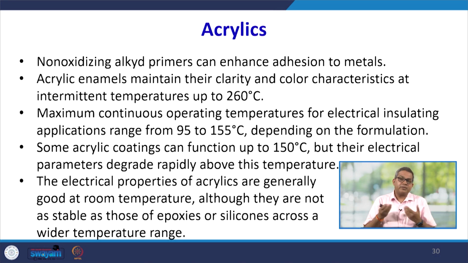Sometimes fillers, sometimes stabilizers may alter this temperature range. Some electrical coatings can function up to say 150 degrees Celsius, but their electrical parameters degrade rapidly above this temperature, and some degradation may occur in situ. The electrical properties of acrylics are generally good at room temperature, although they are not as stable as those of epoxies or silicones across a wide temperature range.